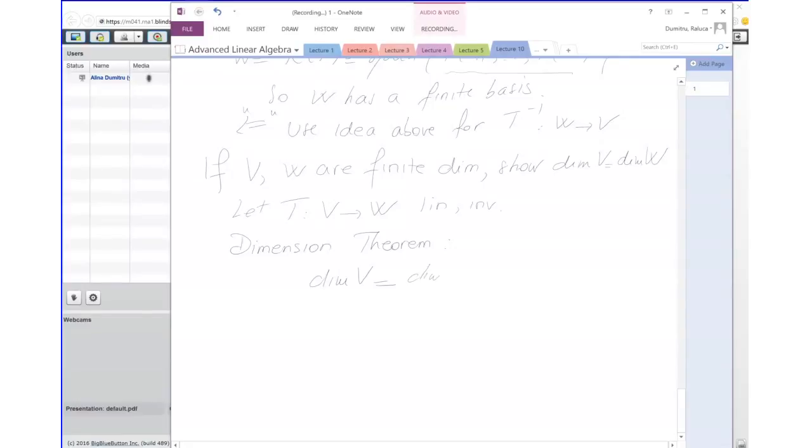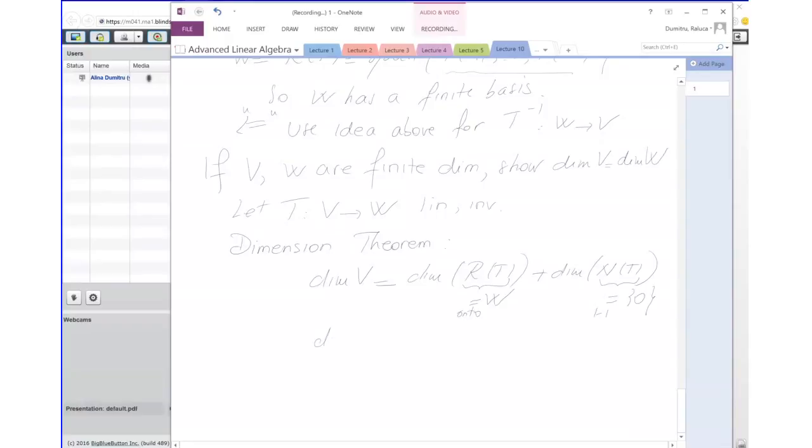So dimension of the range plus the dimension of the null space. Okay, but T is special. T is invertible, right? So T is 1-to-1 and T is onto. So what does that mean? The range is what? The range is W, right? Because T is onto. Because T is 1-to-1, what is the null space? 0. The 0 vector only.